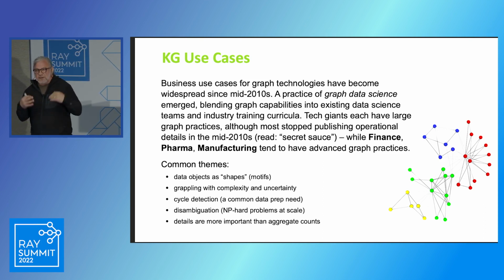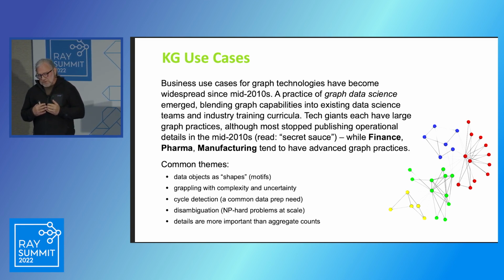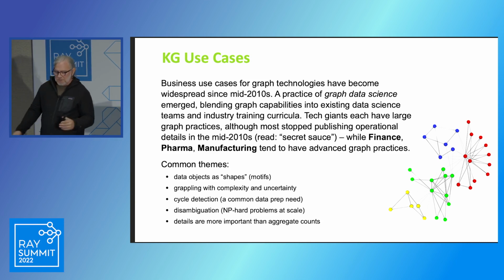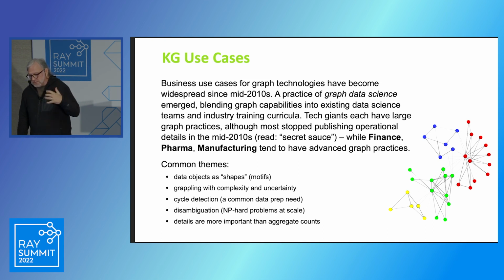There's very high complexity, but also a lot of uncertainty to manage. The problems in data preparation are actually harder than the use cases downstream from them. Things like cycle detection and remediating cycles in use cases where they can't exist, disambiguation, similarity search, et cetera, are really hard problems at scale.